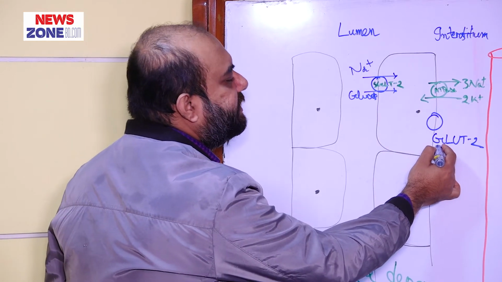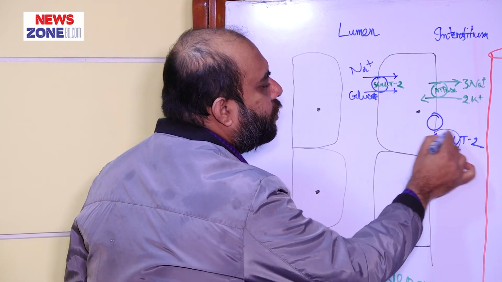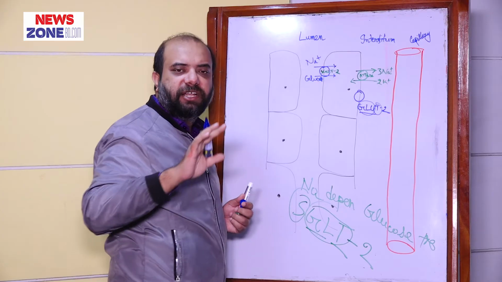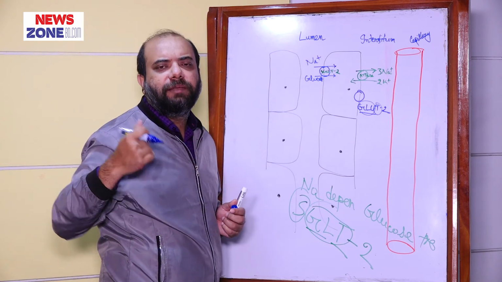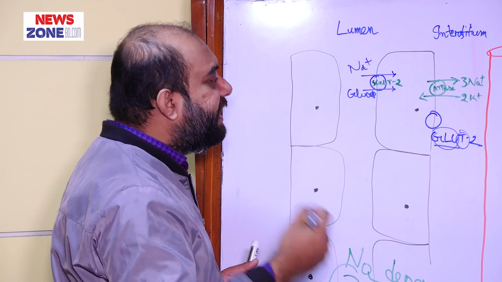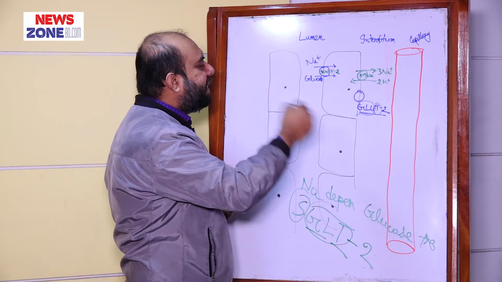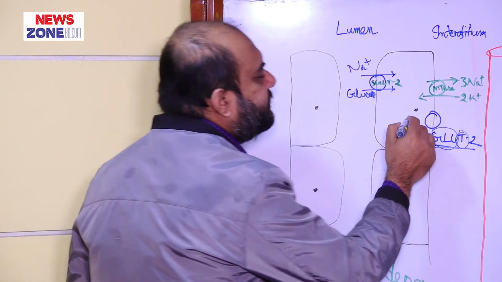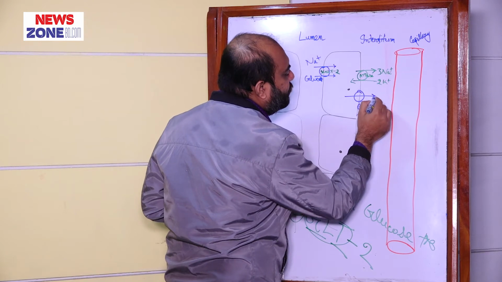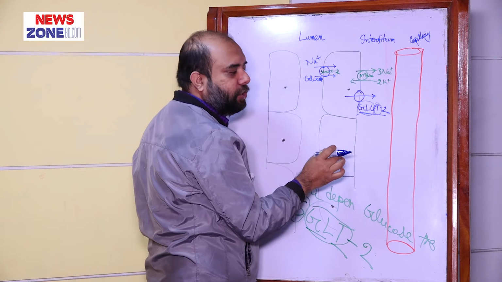Where does this name come from? GLUT means glucose transporter. There are several types of glucose transporters, GLUT 1, 2, 3, 4, 5, 6, 7, but we need GLUT2 here. By this carrier protein, glucose is facilitated diffused from the tubular epithelial cells into the interstitium.